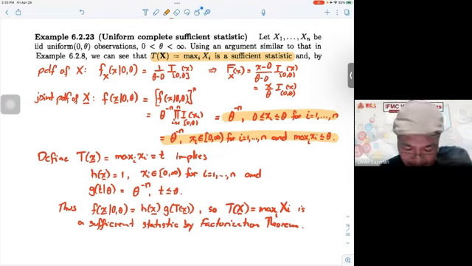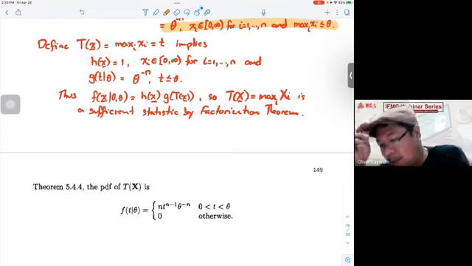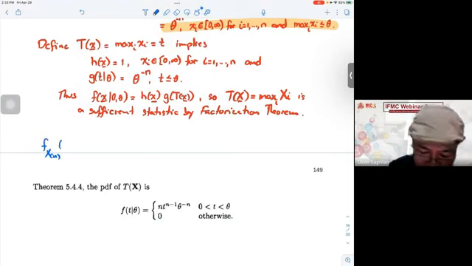Next, by theorem 5.5.4, you have this in Stat 331. It's the maximum order stat. So when it's the maximum order stat, recall this one, x sub n, given our parameter.